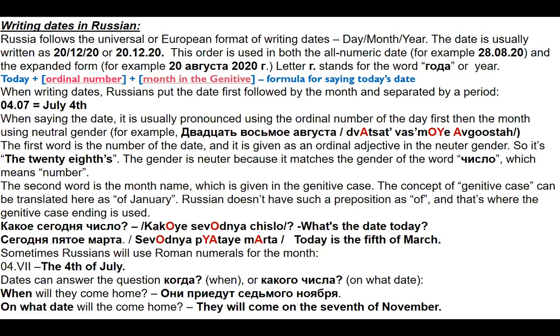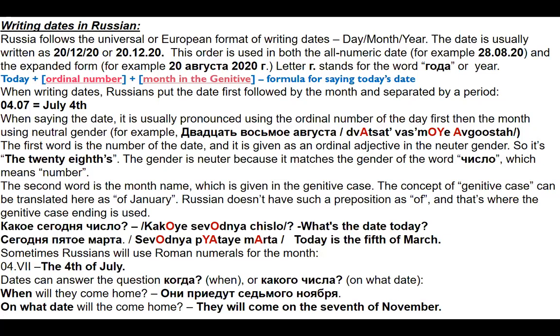We will say сегодня, and the date in ordinal number, not cardinal, not 5, not 6, not 7th. Today is the 30th. Even in English, you use an ordinal number for this. We use our ordinal number to know the order. In Russian, it's the same.